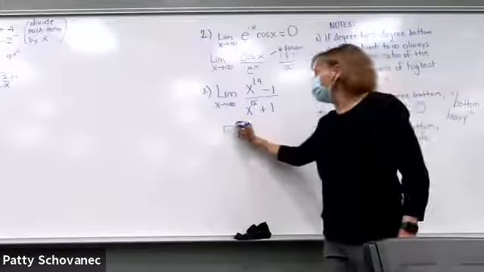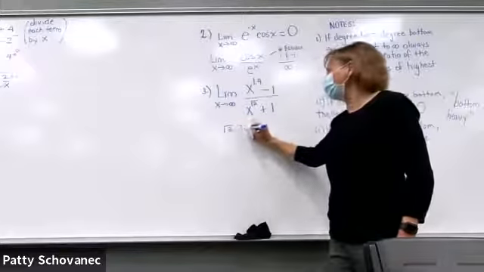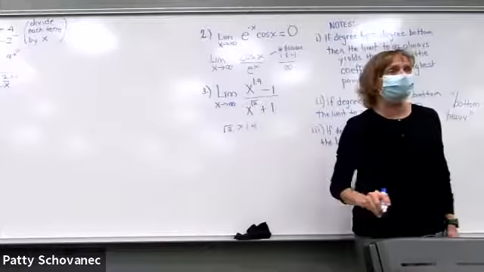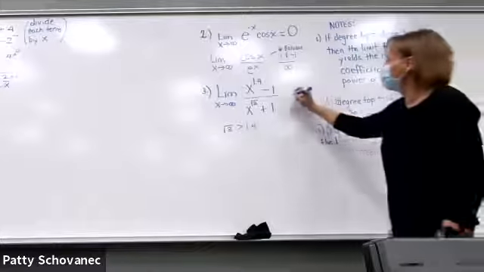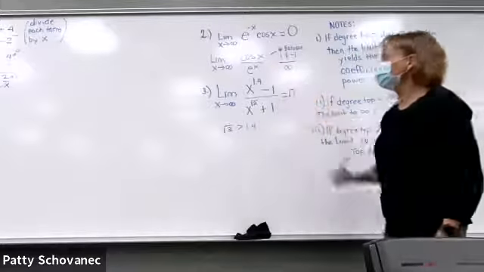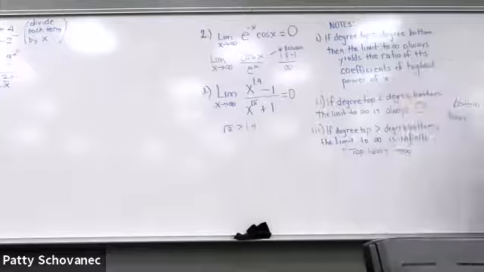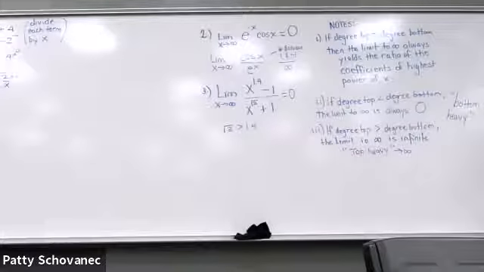So the square root of 2, even if it's slightly bigger than 1.4, it is bigger than 1.4. So when x is big enough, the bottom is going to overtake the top, and the limit is going to be 0. It doesn't have to be greatly larger, any size larger.